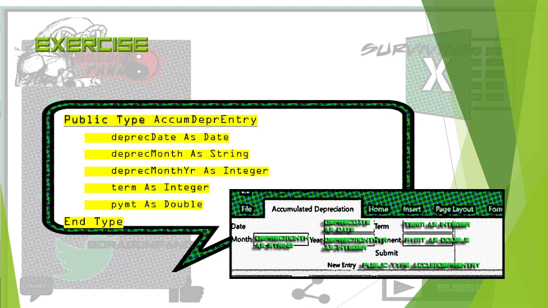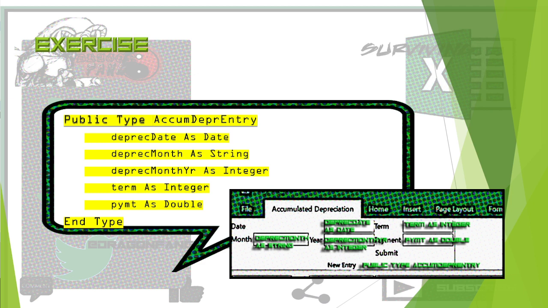We have the accumulated depreciation month. Basically, we might be recording it for December 2023, which leads us to the depreciation month year. Could be the term, and it's usually the next term within the list.